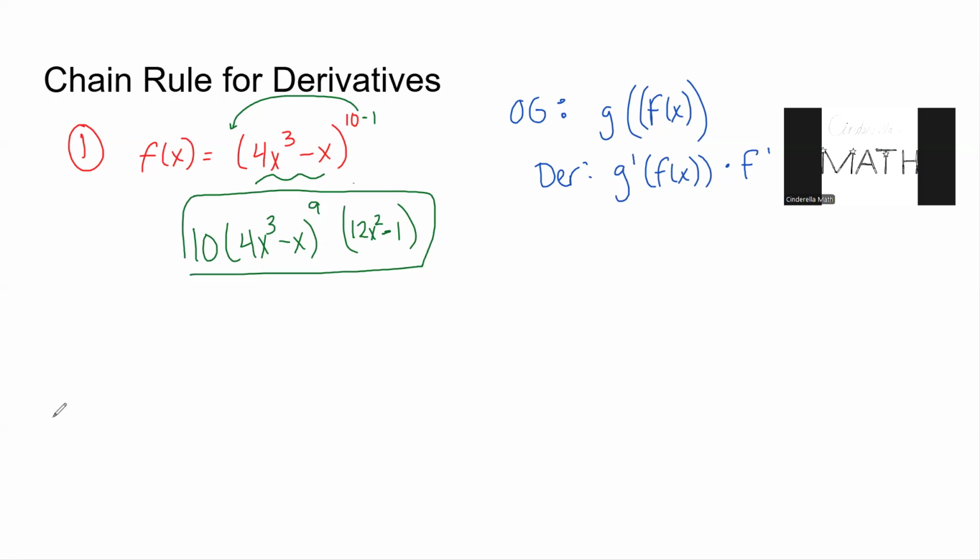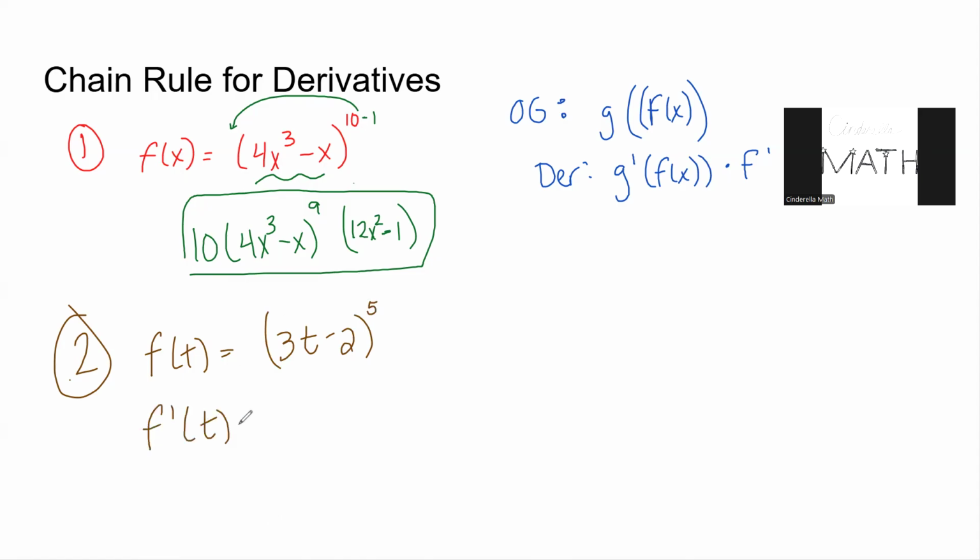Okay. I'll get you a second example here. We have a function, f of t is 3t minus 2, all of that being raised to the 5th. So the derivative, do it as normal, drop that down, keep the inside, subtract 1 as normal, times the derivative of just the inside would be 3.